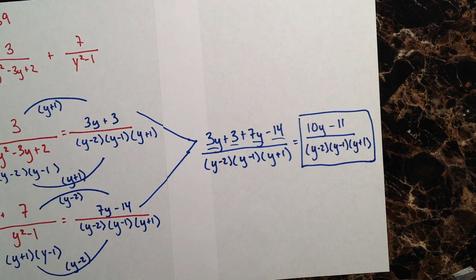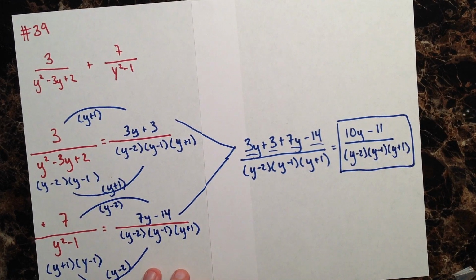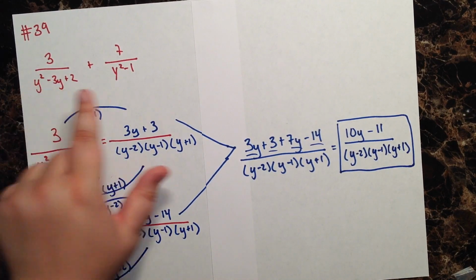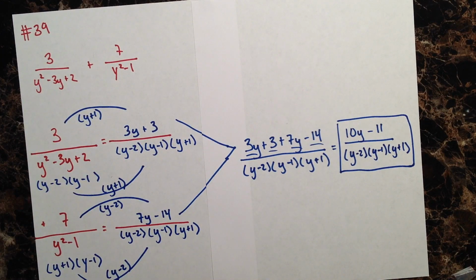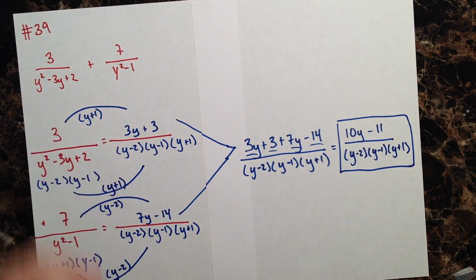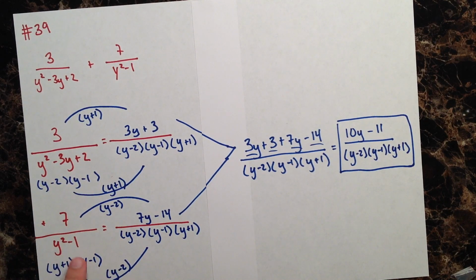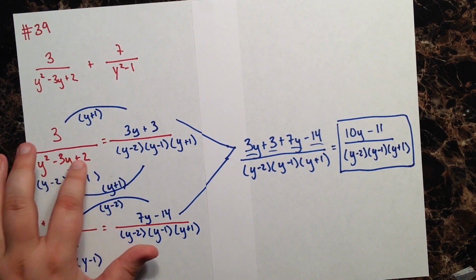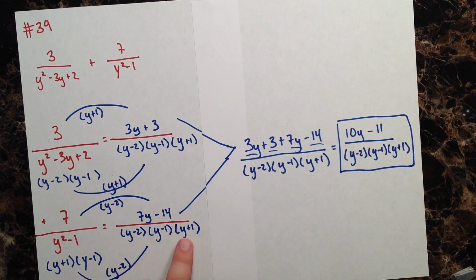All right, so let's go ahead and look again real quick to see what we did. First thing we did is, since this is not an equation, it is an expression because there is no equal sign, we stacked our given terms, and we had 3 over y squared minus 3y plus 2 and 7 over y squared minus 1. And so we factored our denominators. And when we factored our denominators, we were able to come up with a common denominator.